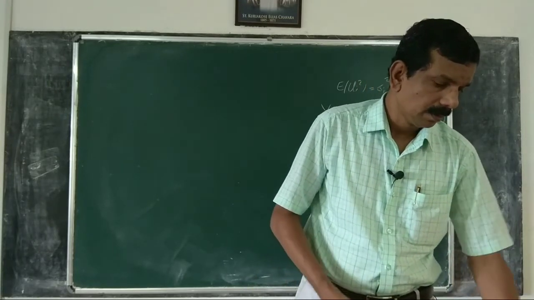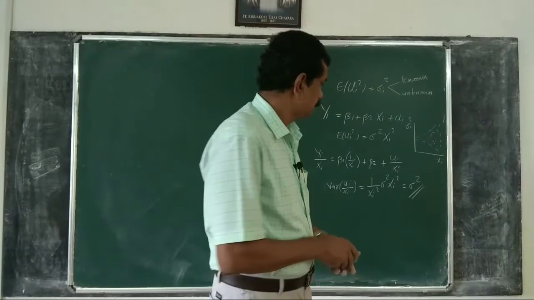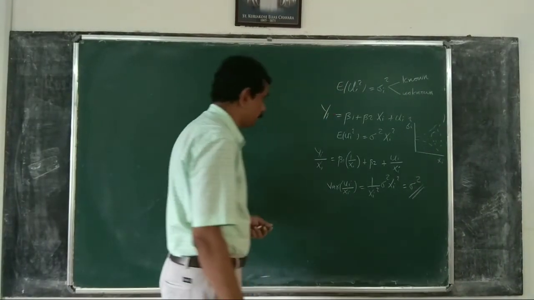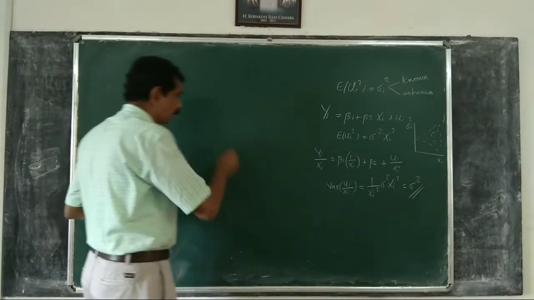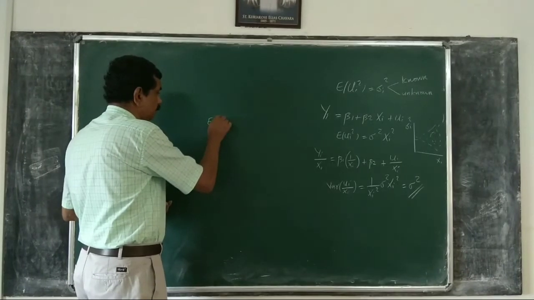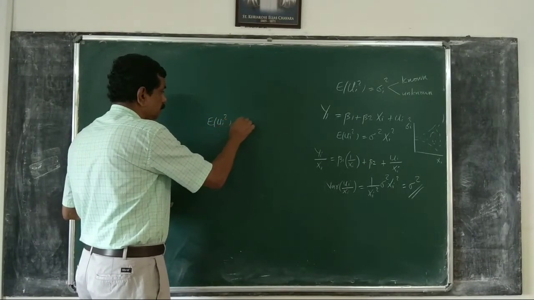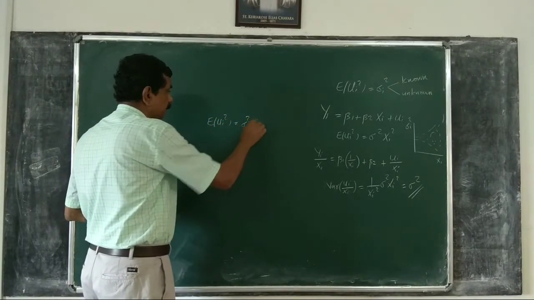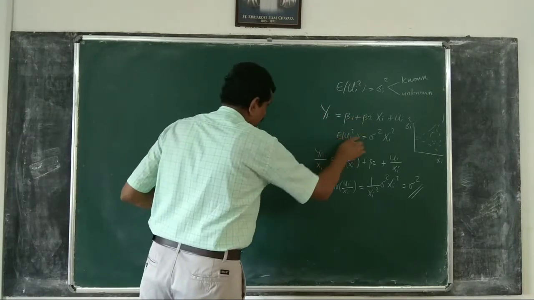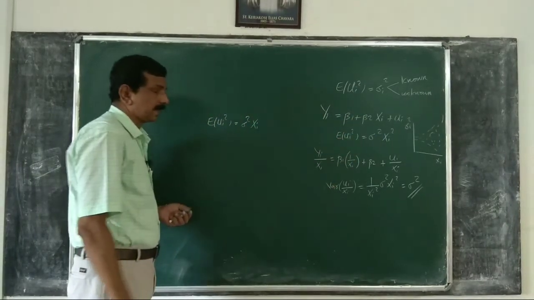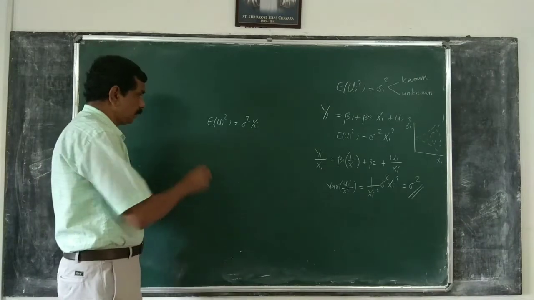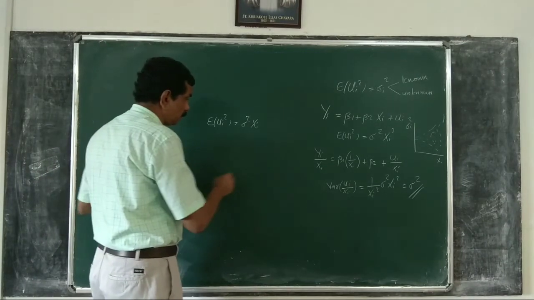Now suppose that we assume that the error variance is proportional to xi. That is, expected ui square is sigma square xi. Then the solution is to divide throughout by root xi.